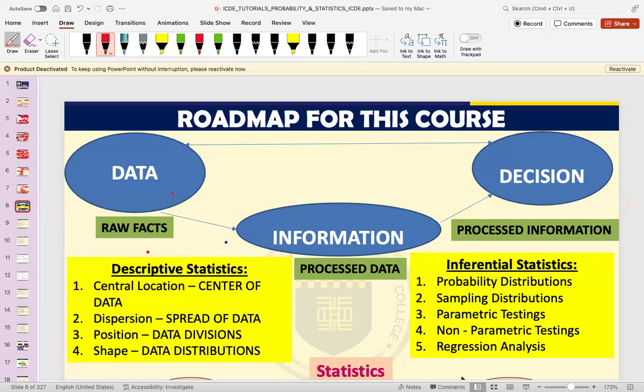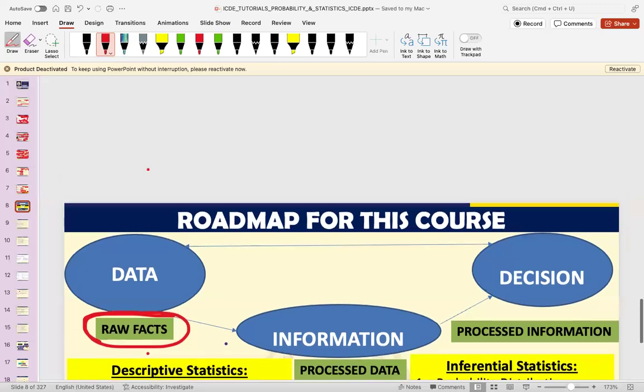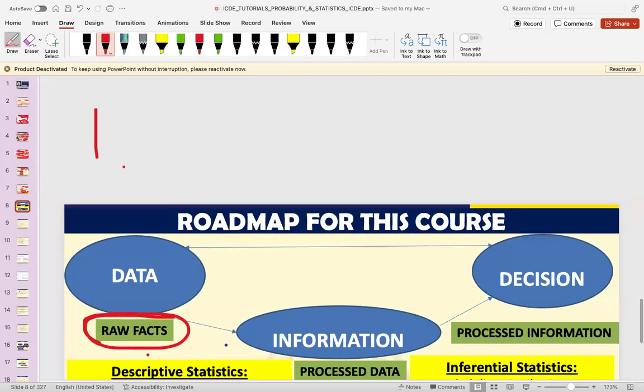Data, like I said from the beginning, are raw facts. On the face value, you can't do anything with it. An example is you have your mobile phone or your smartphone.